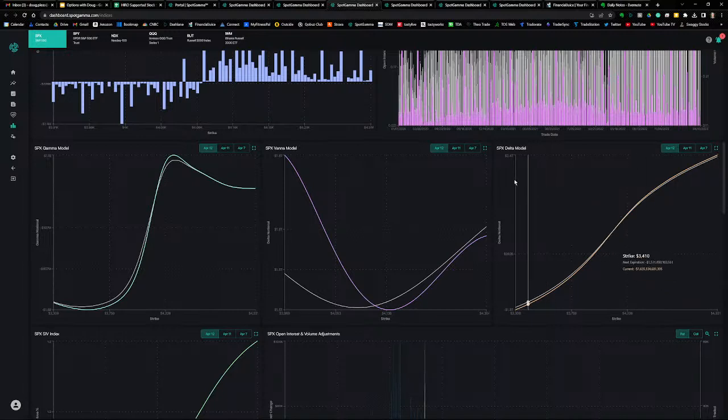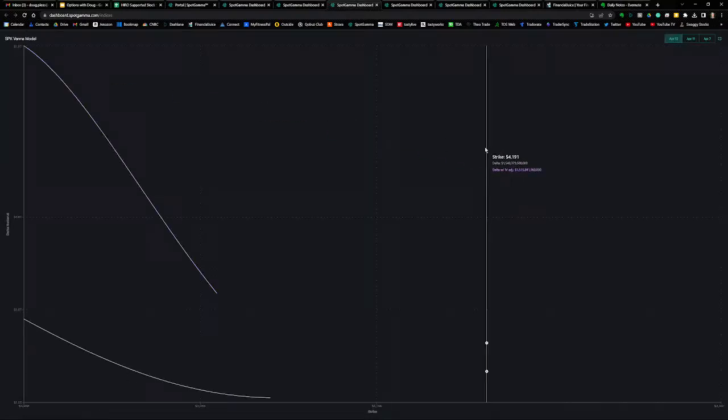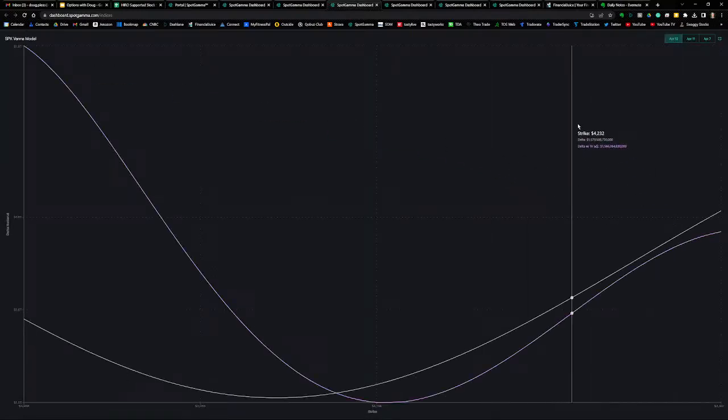All right, so this is something important here. This is the Vanna model for SPX, and we'll also look at the Vanna model for SPY and QQQ. And this is showing two curves. First of all, this light gray line is showing how market makers' delta notional, or delta exposure, shown on the vertical axis, changes with changes in price.